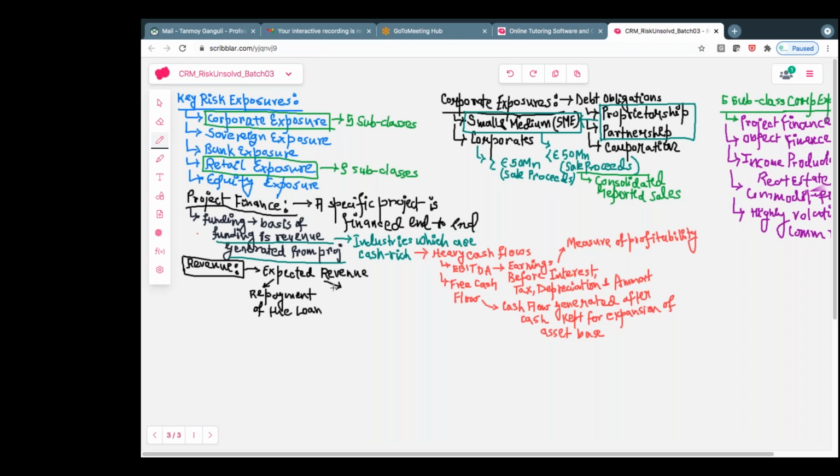The second use is that it can also be used as a security against the exposure.